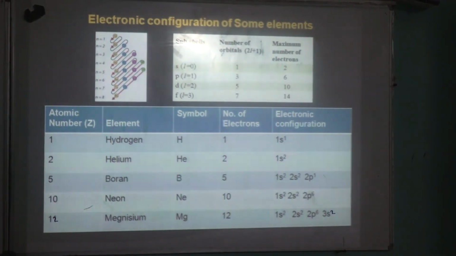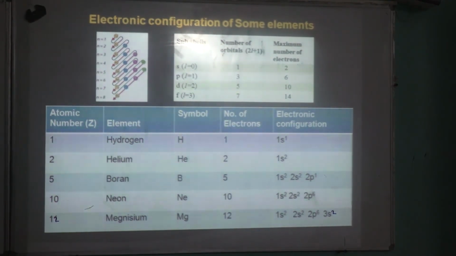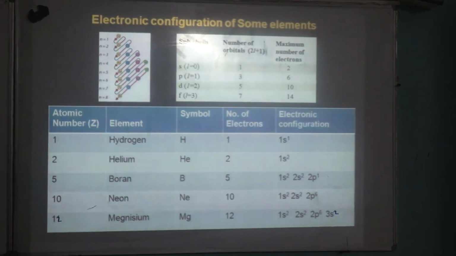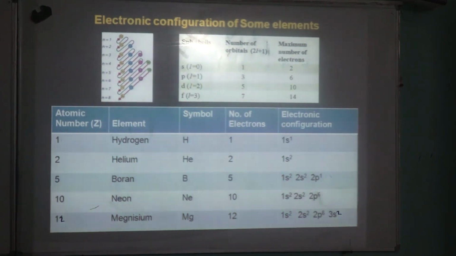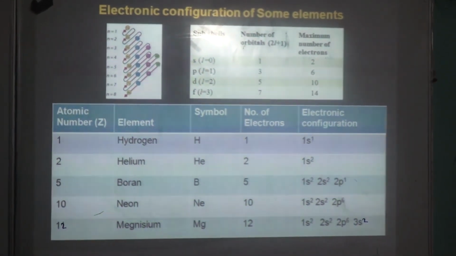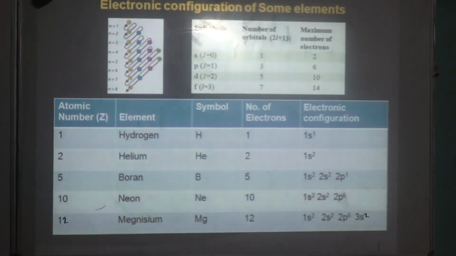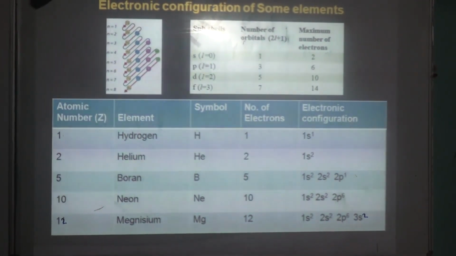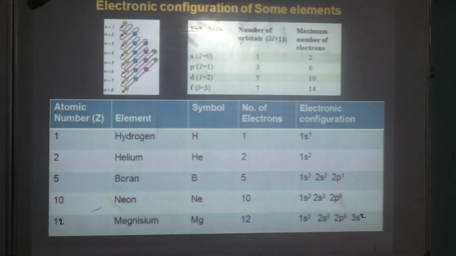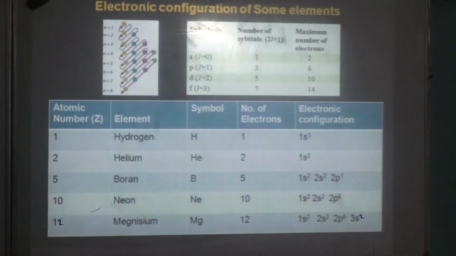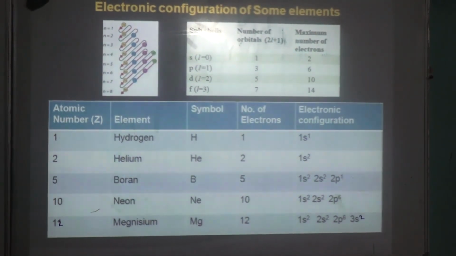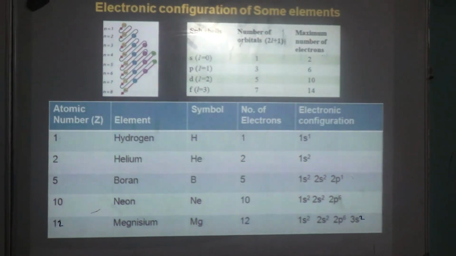And you may be asked some questions on quantum numbers, and what is the basis for the quantum mechanical model of the atom. Sometimes some quantum numbers will be given, and you have to locate the exact location of the electron, and you will be asked to write the electronic configuration of some of the given elements, and some questions on the Aufbau principle and Moeller's rule, like that.